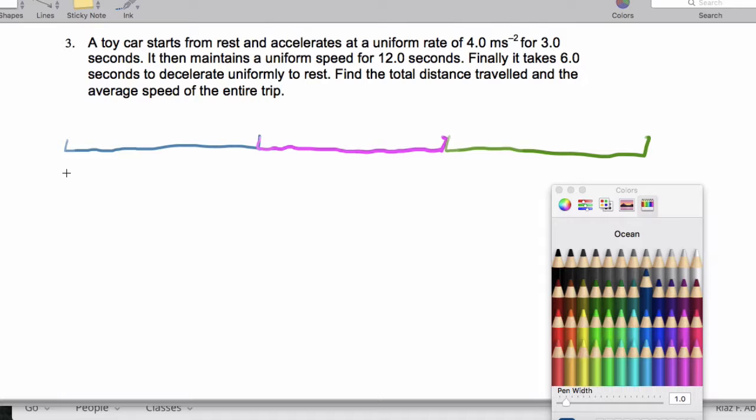Here we go. For the first part, I'll say x naught is 0, x is unknown. We have a time of 3 seconds and an acceleration of 4 meters per second squared. V naught is 0, and v at the end of the first leg is also unknown.